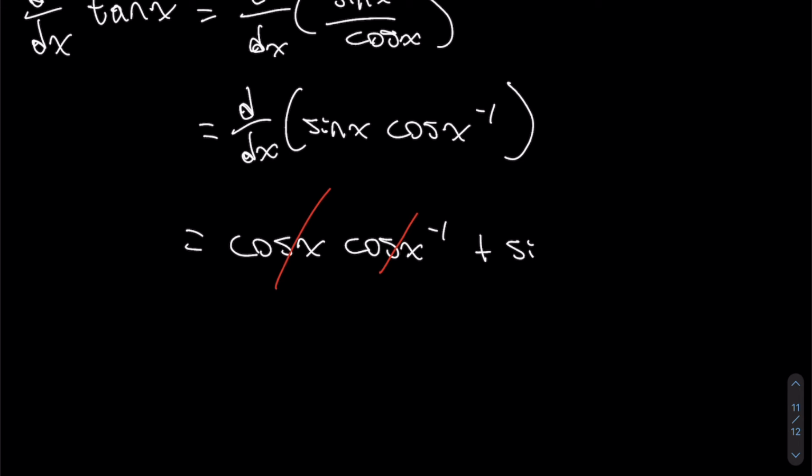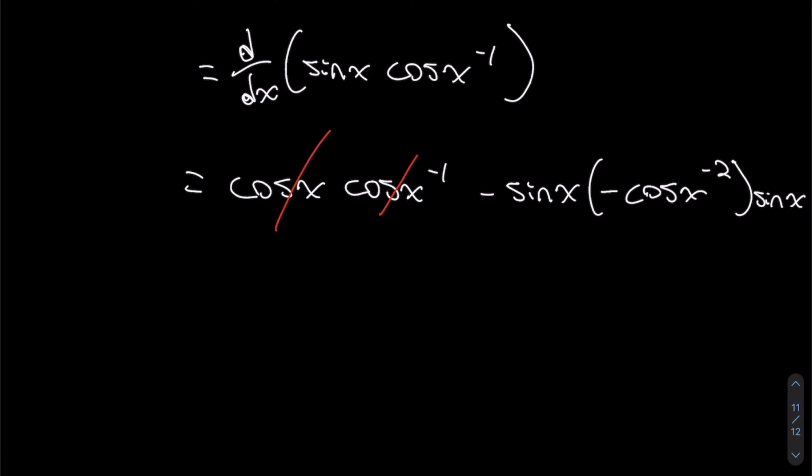Plus sine x times the derivative of cos x to the negative 1. So I do chain rule. This is negative cos x to the negative 2 times the derivative of cos x, which is negative sine x. Okay, so this is 1.